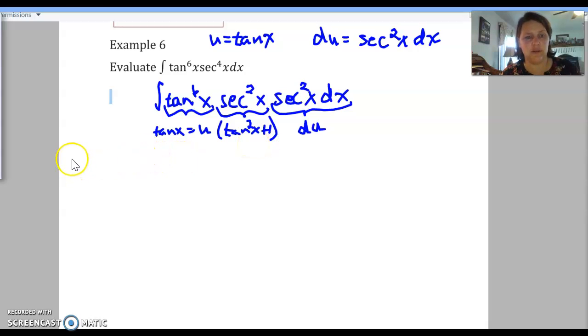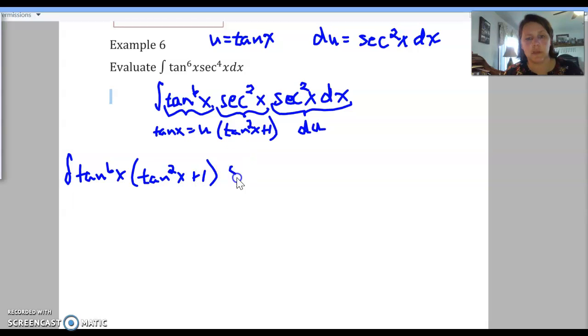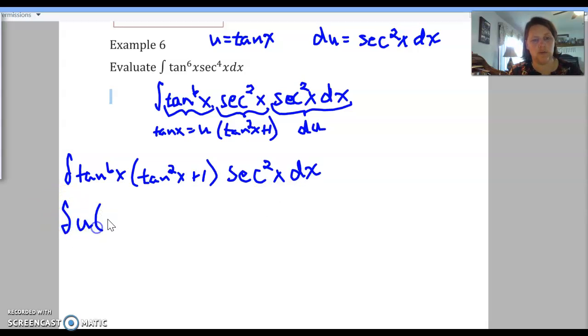Let's go ahead and rewrite. So I've got the integral of tangent to the 6th x times tangent squared x plus 1, and then times secant squared x dx. Now we can do our u substitution, and we have u to the 6th, and u squared plus 1, and then du.